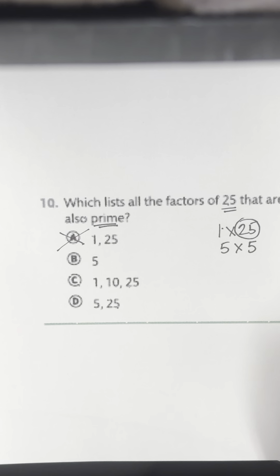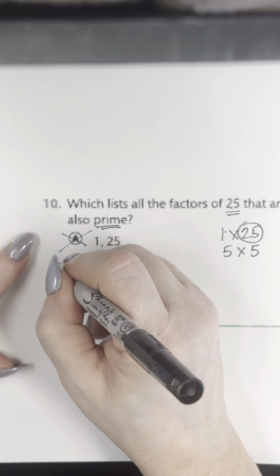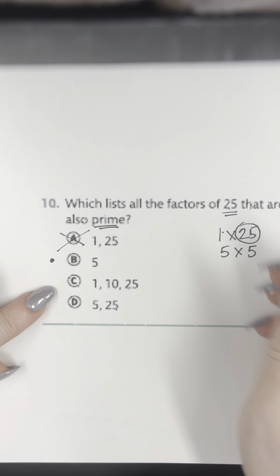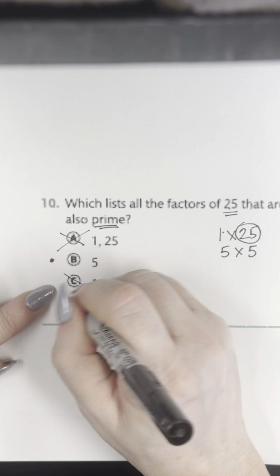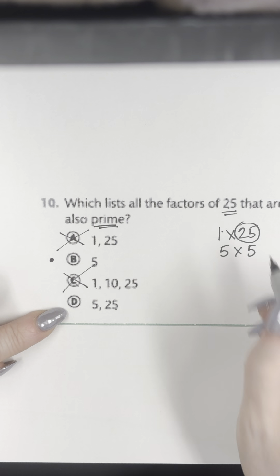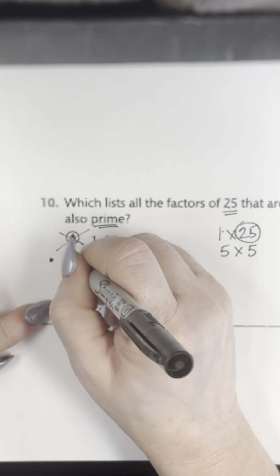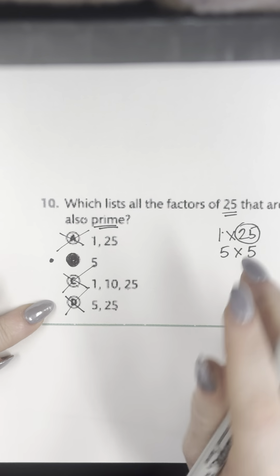So A is incorrect. 5 is a maybe. 1, 10, 25. Well, 10 isn't a factor of 25, so that's immediately wrong. And I remembered that 25 is a composite number. So the answer to that is B. Knowing your vocabulary, that's all that one is.